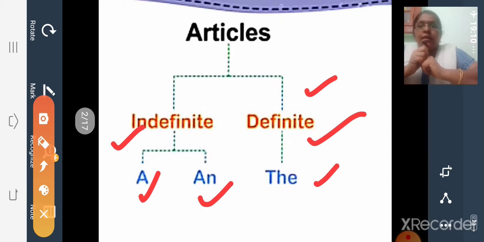Indefinite articles are a and an. The definite article is the, and the is used to refer to specific things, whereas a and an do not indicate any specific person or thing.